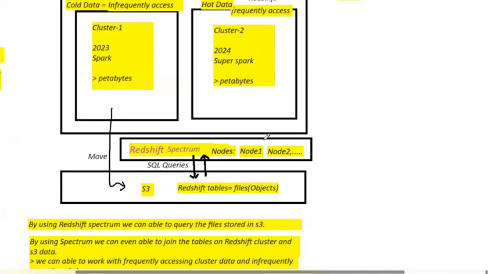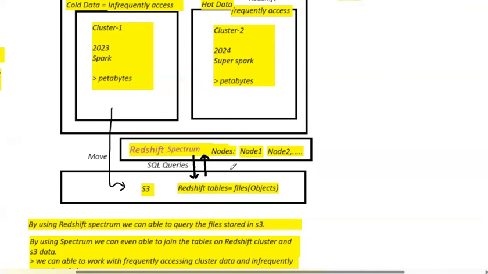Why? Because we are requesting our old version car data, and that data is present under S3. So in order to get the data from S3, this leader node will request Redshift Spectrum.